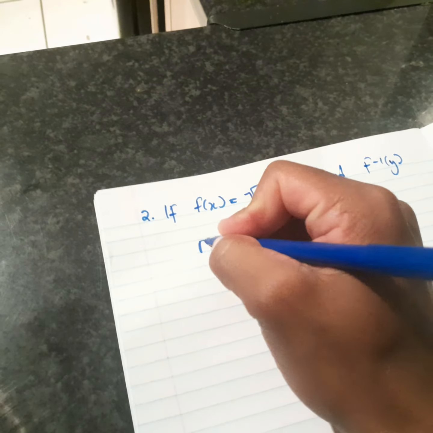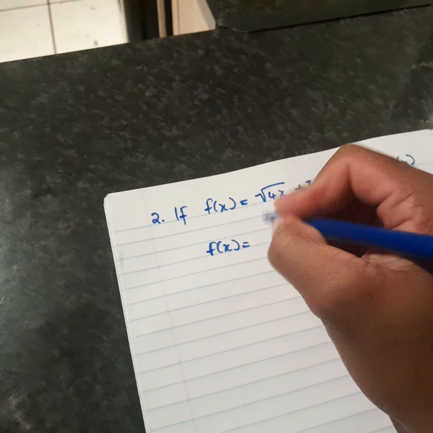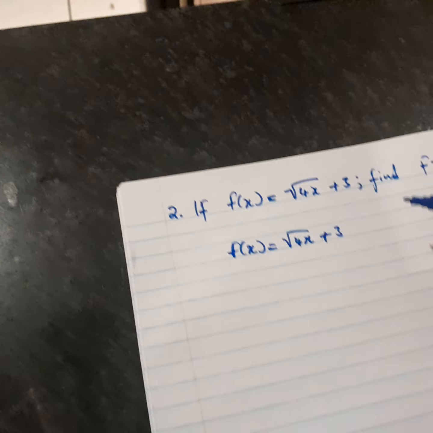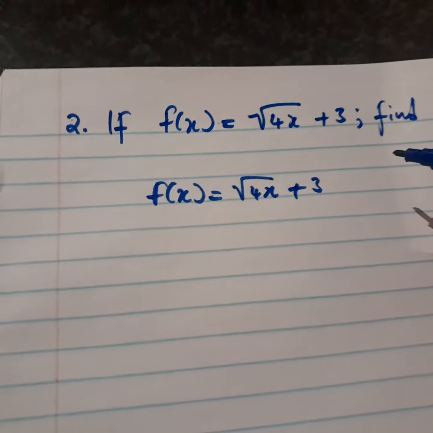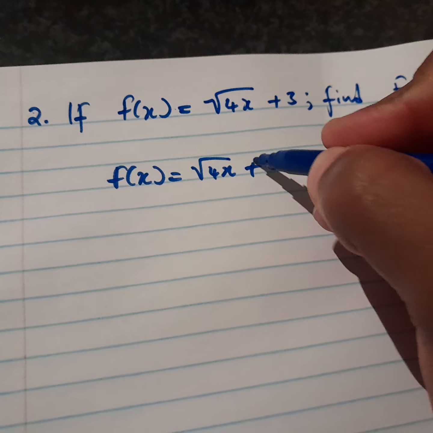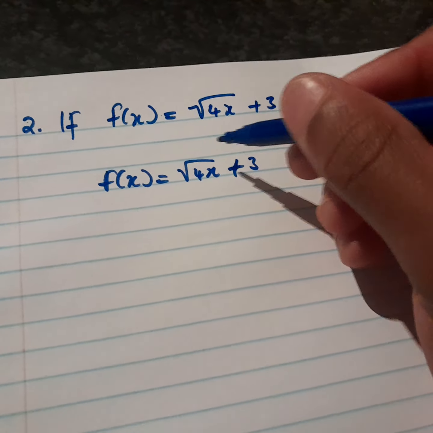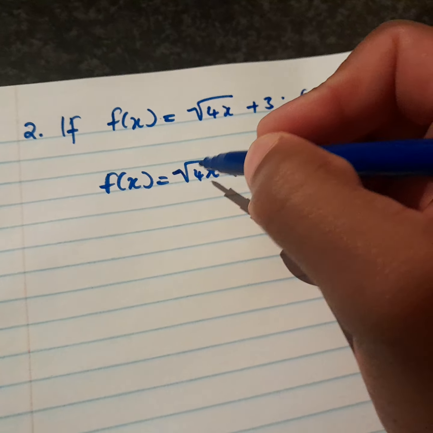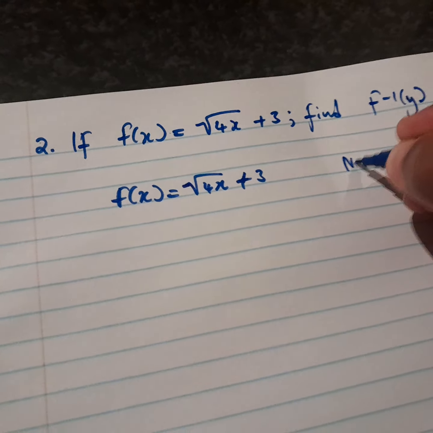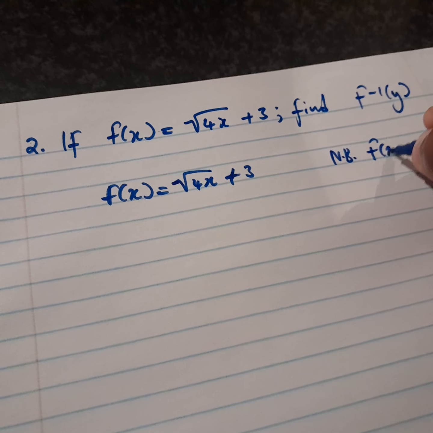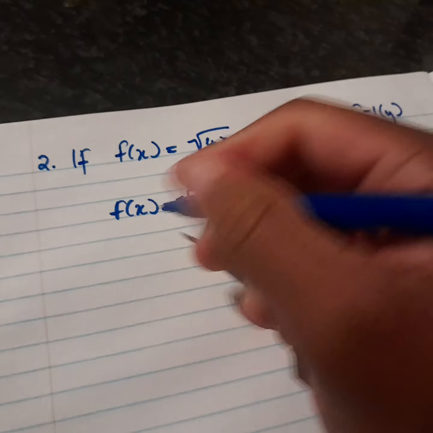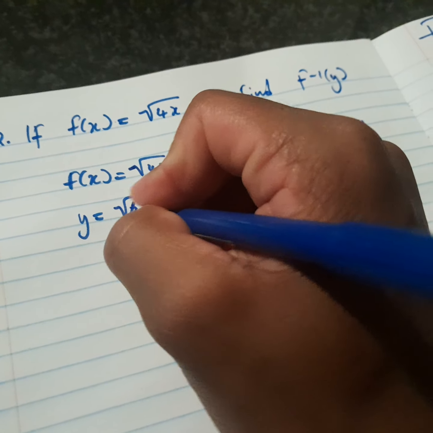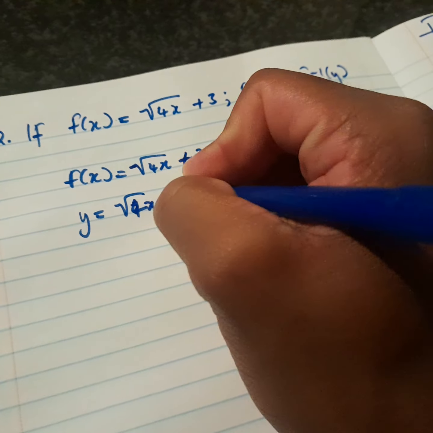Note that the 3 is outside the root, it's not inside the root. Don't ever make the mistake of saying the 3 is inside the root. The only thing inside the root is the 4x. Remember that f of x is the same as y, so you can replace f of x with y. Then you write it as y equals root of 4x plus 3.